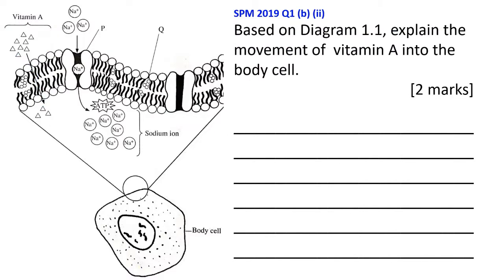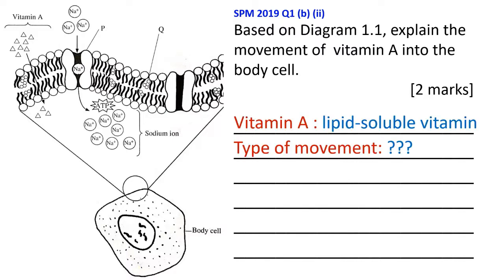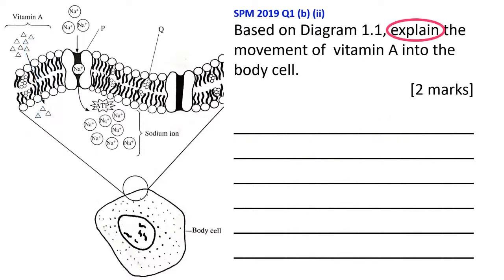Next question, based on the same diagram, explain the movement of vitamin A into the body cell. Since we know already vitamin A is a lipid-soluble vitamin, and we know that such vitamins can diffuse through the phospholipid bilayer, we need to explain this type of movement.